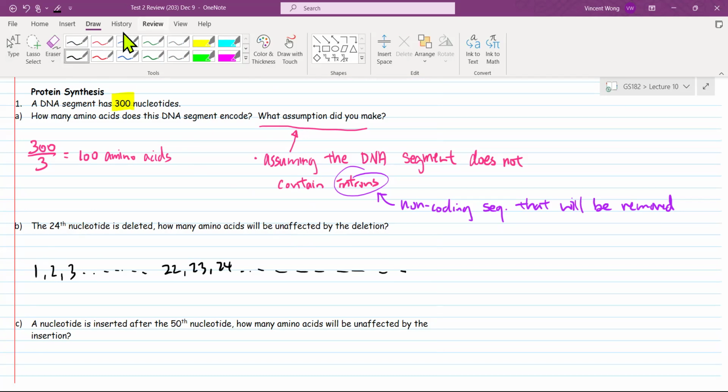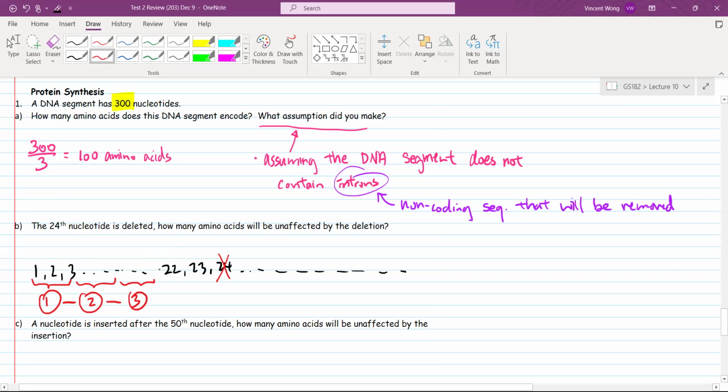So the 24th here is deleted. How many amino acids will be unaffected? Well, let's see. The first three nucleotides are going to be amino acid number 1, and then 4, 5, 6 is going to be amino acid number 2, right? And so on and so forth.